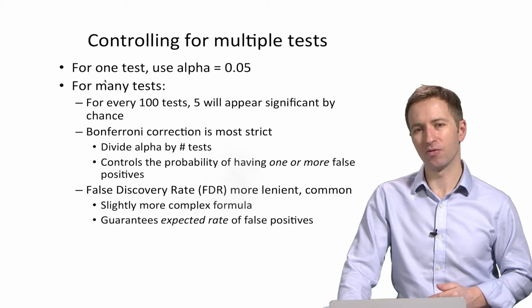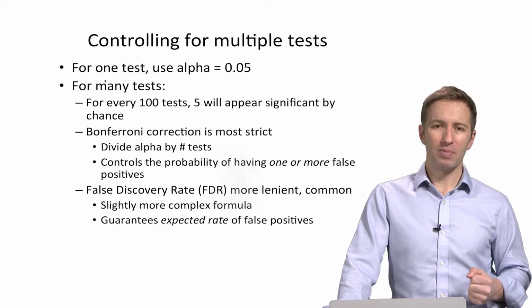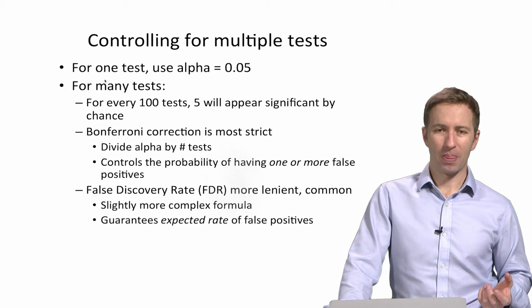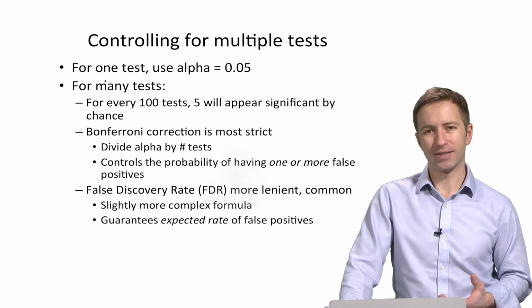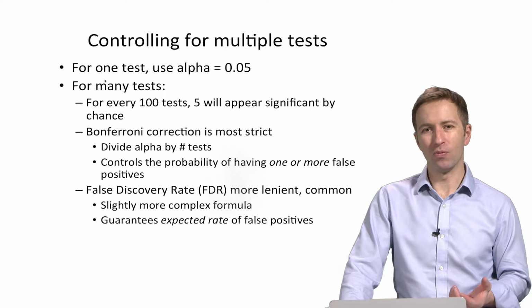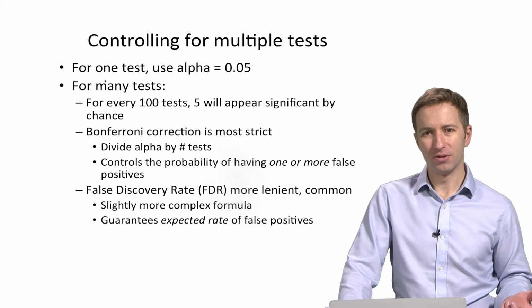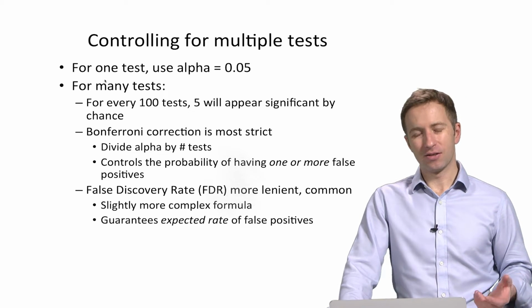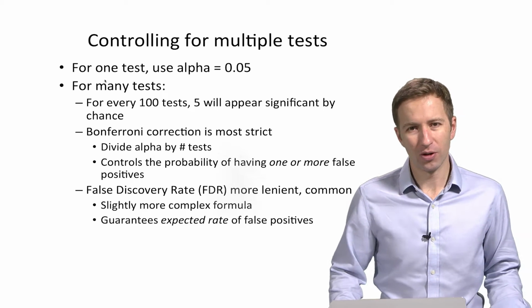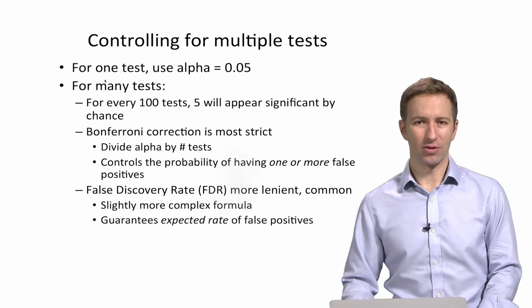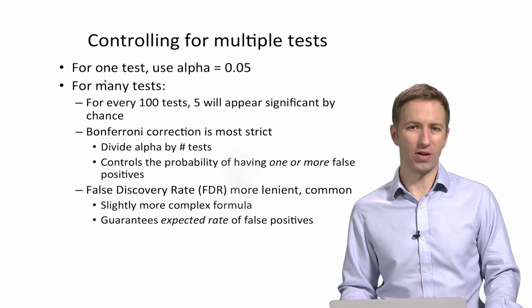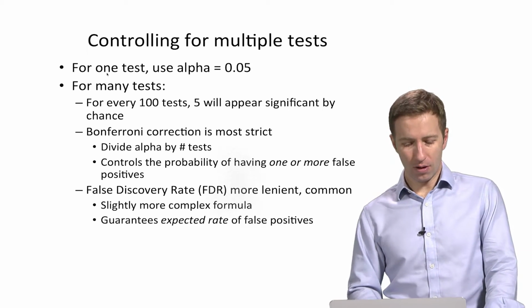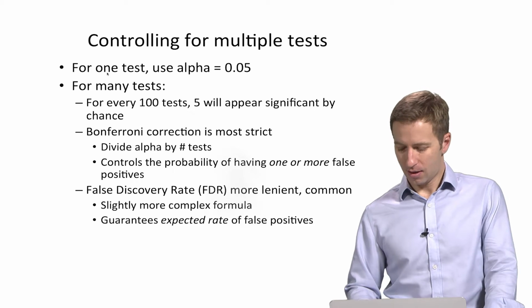So people will often use a higher false discovery rate cutoff, like say 0.1 or even 0.2. Let's say you use a false discovery cutoff of 0.2, that means that you're expecting that 20% of the hits that you're calling are false positives. So we're going to see that.